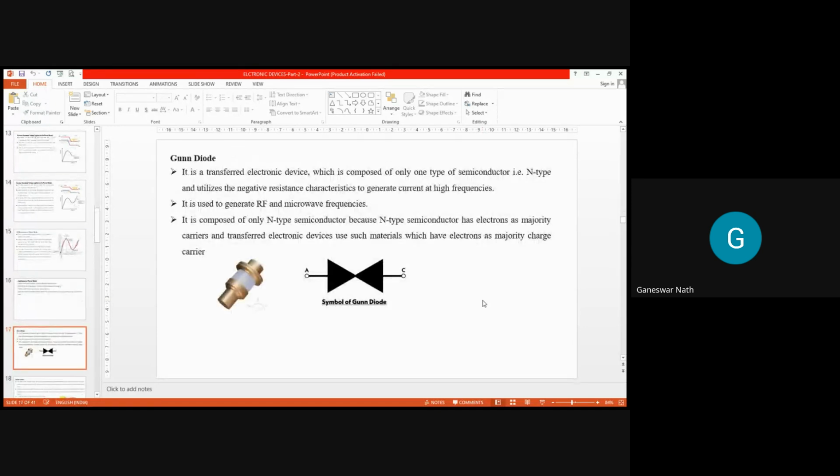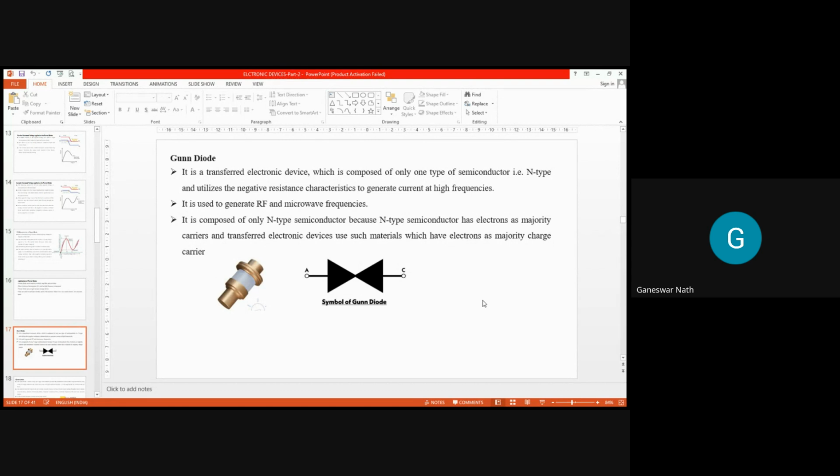Now, I'll come to the Gunn diode. It is also another interesting type of diode. It is a transferred electron device which is composed of only one type of semiconductor. In all the cases you have seen, there are two layers, and in some cases three layers.